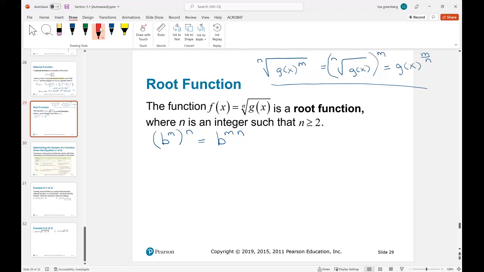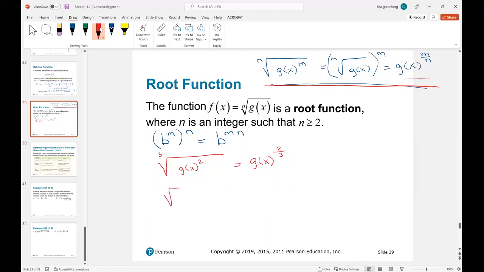So let's start here. I'm going to show you that these three things are equal. If I take, let's say, the cube root of g of x squared, well, this is equal to, and I'm going to use this final answer, g of x to the m over n, where m is 2 and n is 3. So this is the same as g of x to the 2/3 power.